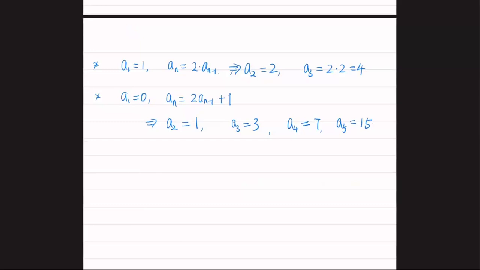Okay. For some sequences, we can study the limit. For example, the limit... We all know this is 0.